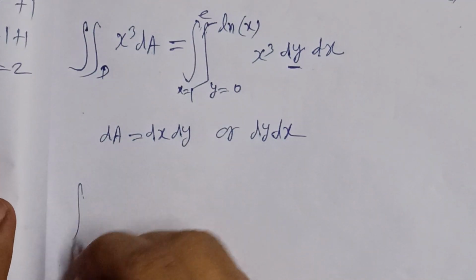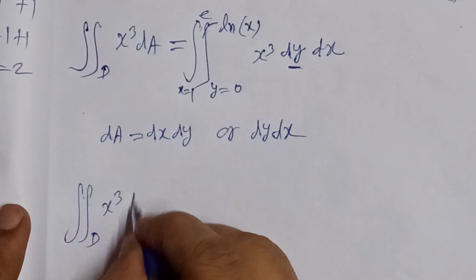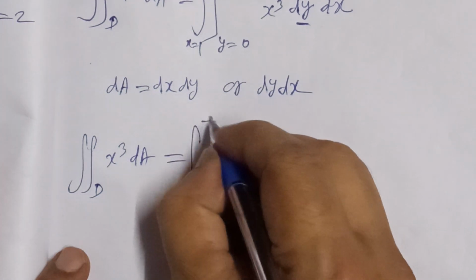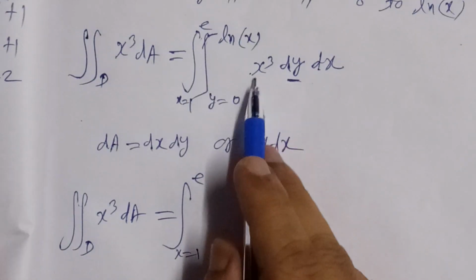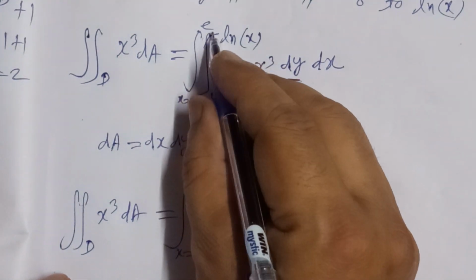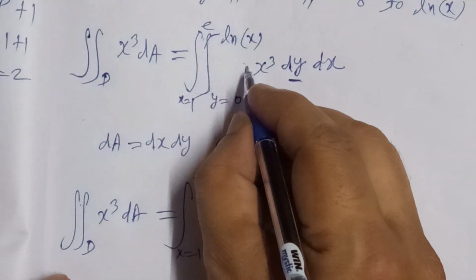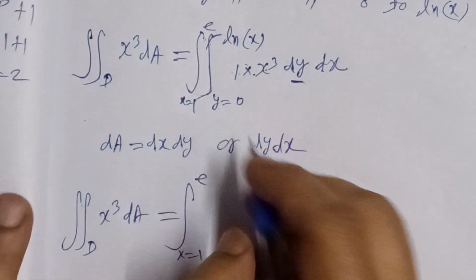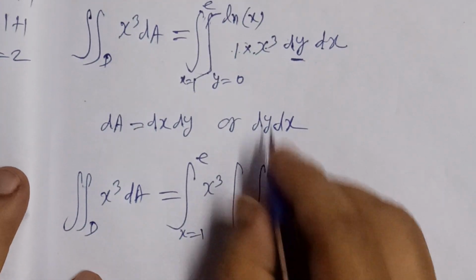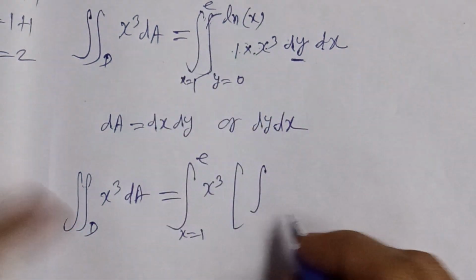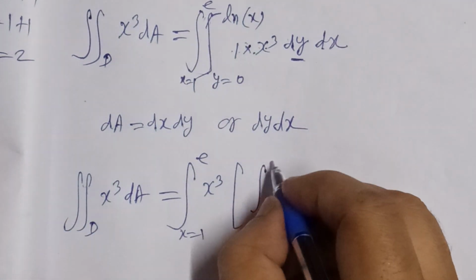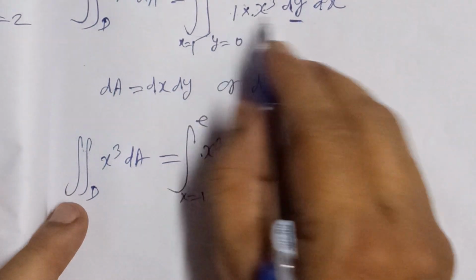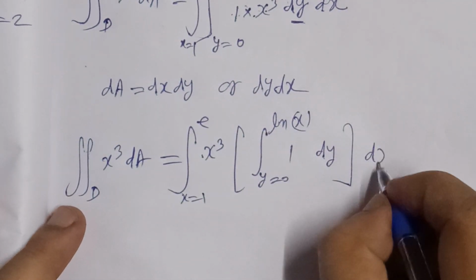We write this integration as x equal to 1 to e, and for y, x is constant, so take out x cubed from the integration sign, and leave 1, because x cubed into 1 is x cubed. Since x is constant, only 1 has to be integrated with respect to y.